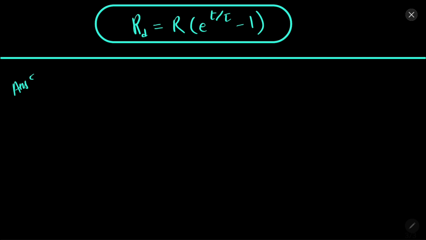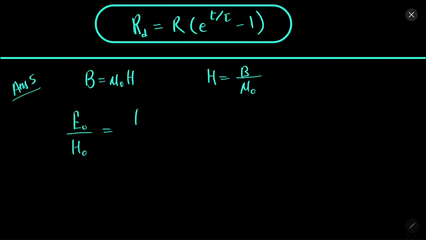So the fifth one, B equal to mu naught H, so H will be B over mu naught. Now E naught over H naught: E naught will be B naught times C, and H naught will be B naught over mu naught.